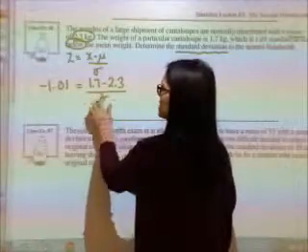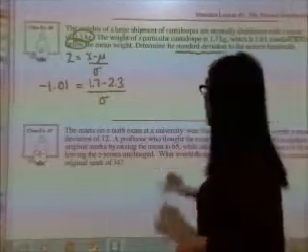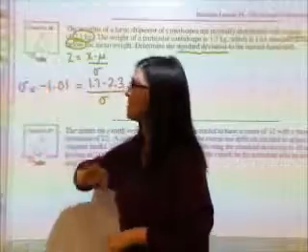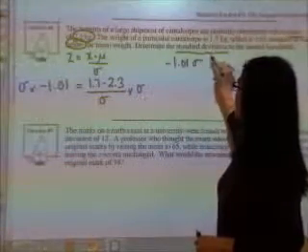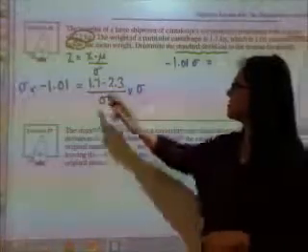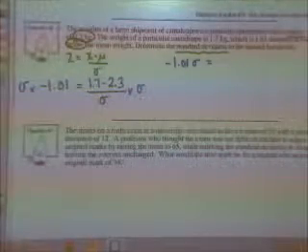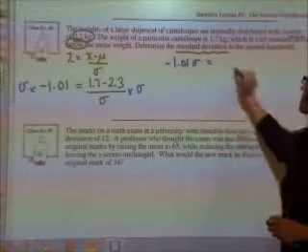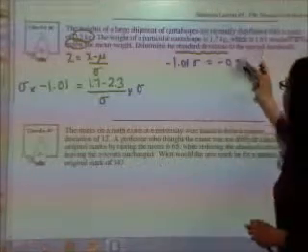If sigma is on the bottom, I need to bring it to the top. So to do that, I multiply both sides by this sigma. So I will get negative 1.01 sigma equals, what's 1.7 minus 2.3? Negative 0.6, sorry.